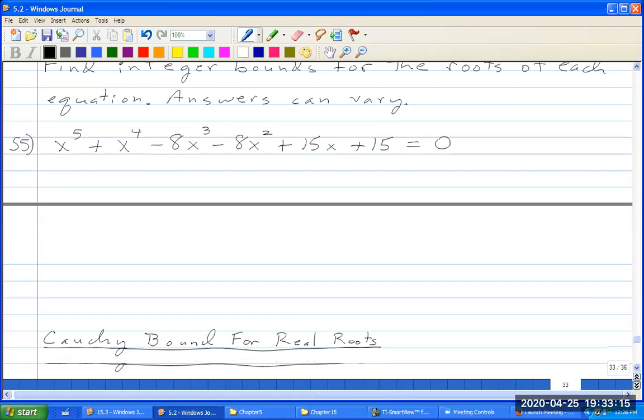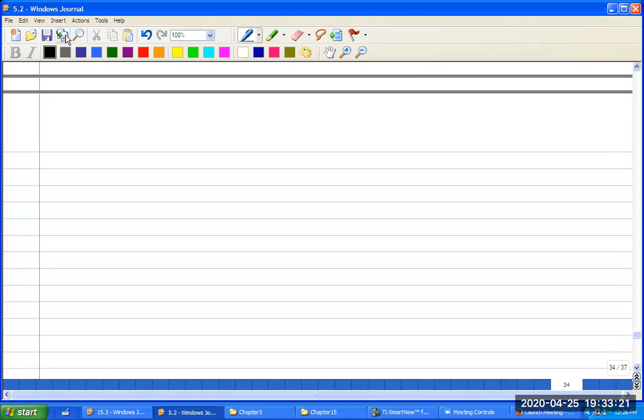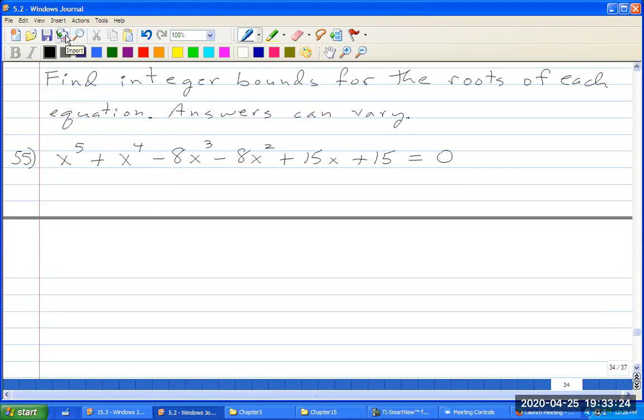I'll need much more room here to do this. Let's just arbitrarily pick something that I think will probably work. Let's look at like -3 or something. Okay, so let's find some bounds. Determine integer bounds.